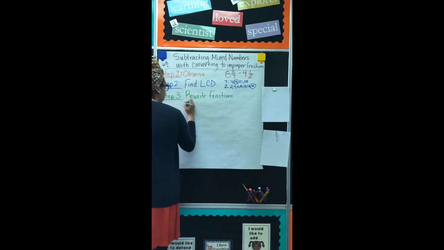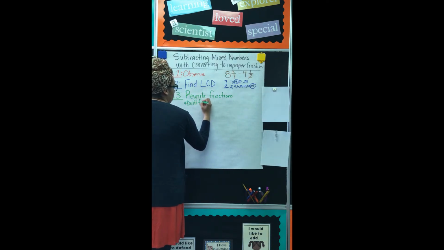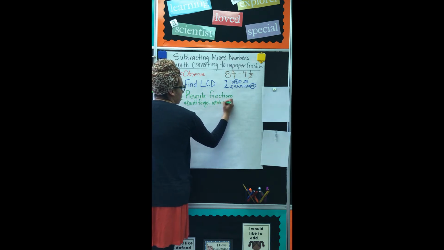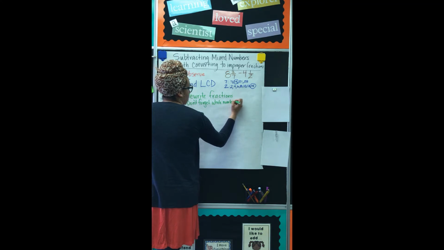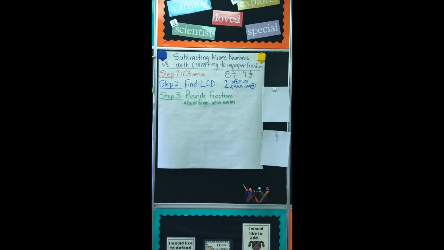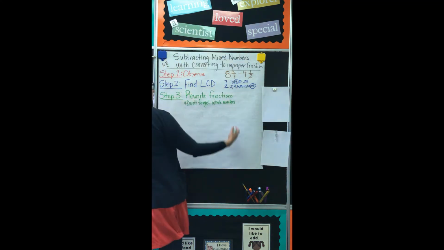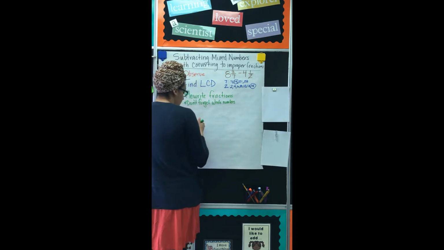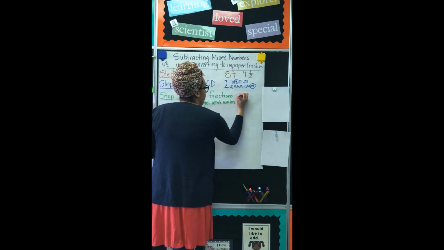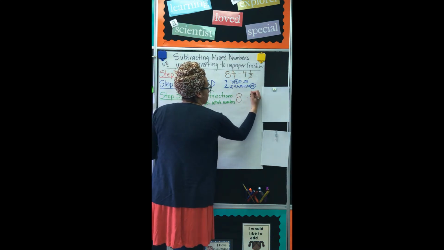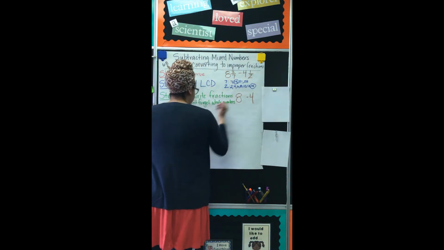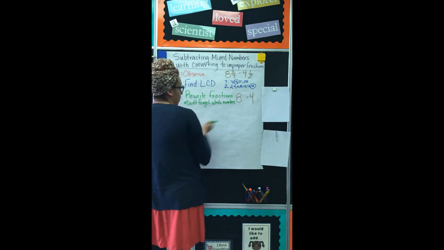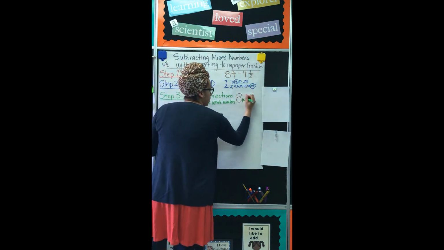And we're going to make sure that we do not forget our whole numbers, because that is the most common mistake, is that we just drop down our fractions and we forget our whole numbers. So we're going to drop down our whole numbers first. We have 8 and 4. And then our new denominator is 14.